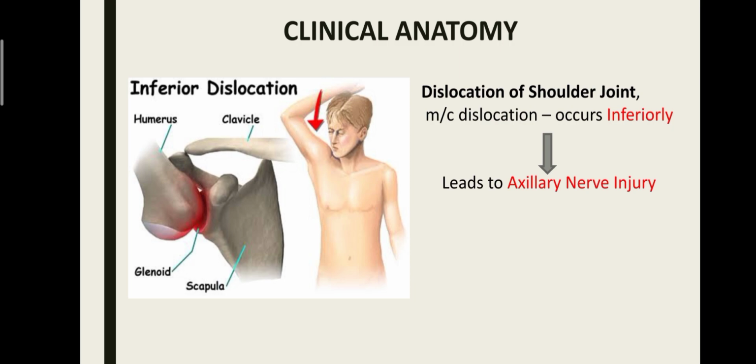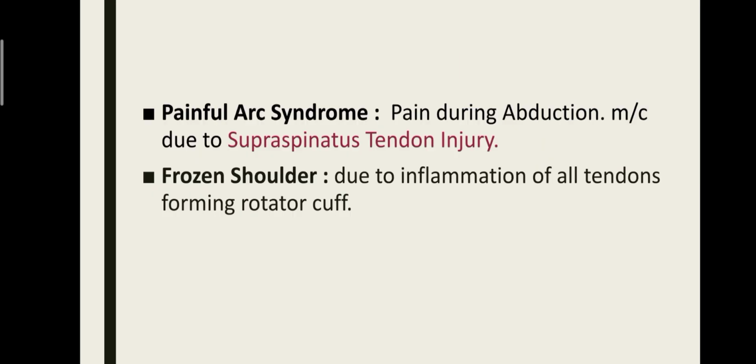See, in relations, we saw that the axillary nerve, posterior circumflex humeral vessels and long head of triceps form your inferior relations, right? So due to inferior dislocation, the axillary nerve will get injured, and because of this, it leads to paralysis of the deltoid and teres minor muscles, because your axillary nerve supplies the deltoid and teres minor, right? So that is why it leads to paralysis of both these muscles. So this is about the inferior dislocation of the shoulder joint.